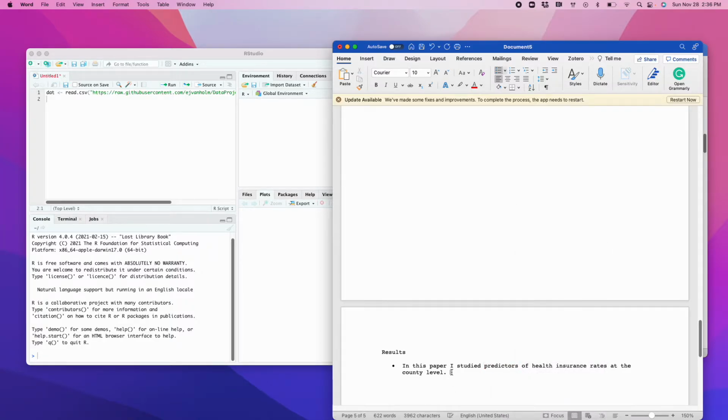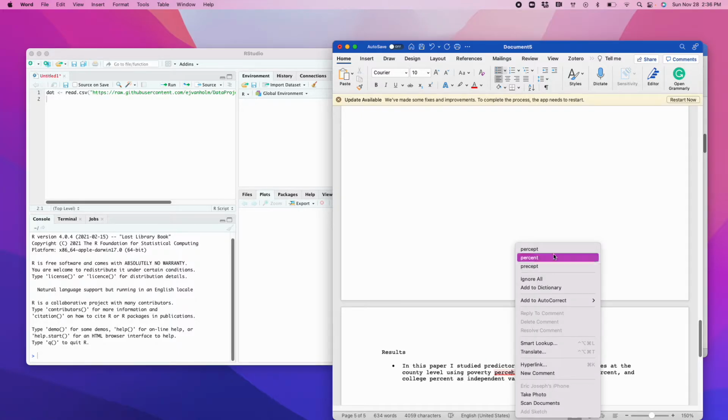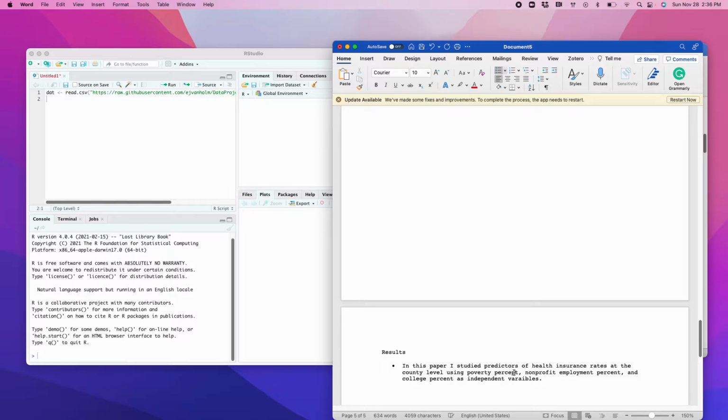And I might even say, using poverty percent, nonprofit employment percent, and college percent as independent variables, which is just a nice, very quick summary of what I'm doing.